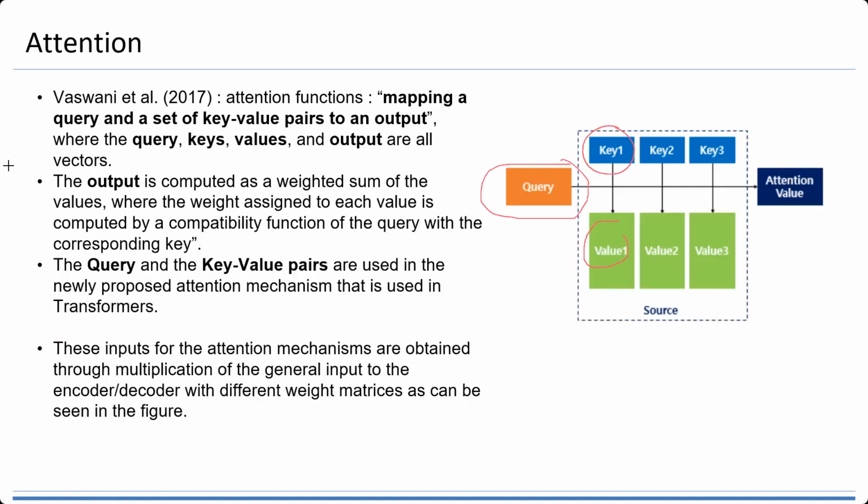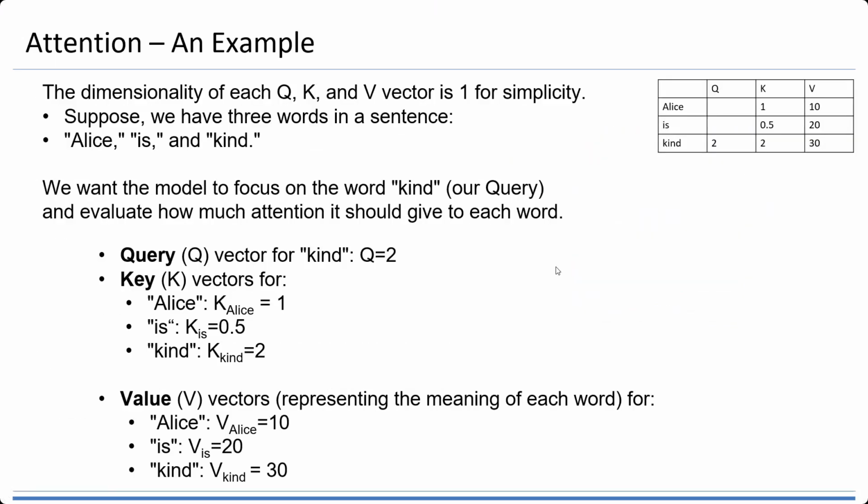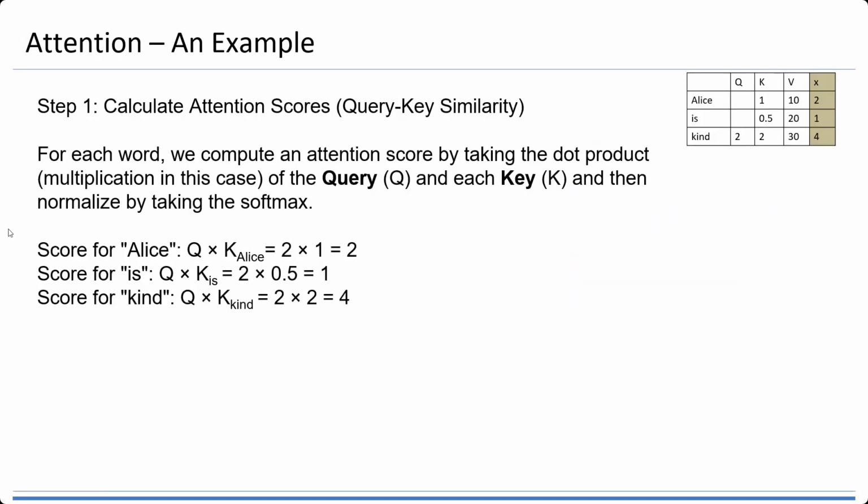Okay. Now we will do the multiplication for Q. Because we have the Q is kind and we set a value of 2, let's apply: Q multiplied by the K of Alice, Q multiplied by the K of is, and Q multiplied by the K of kind.